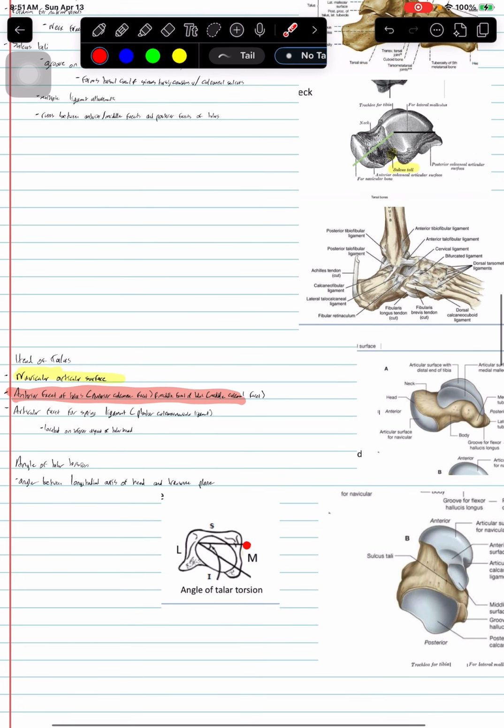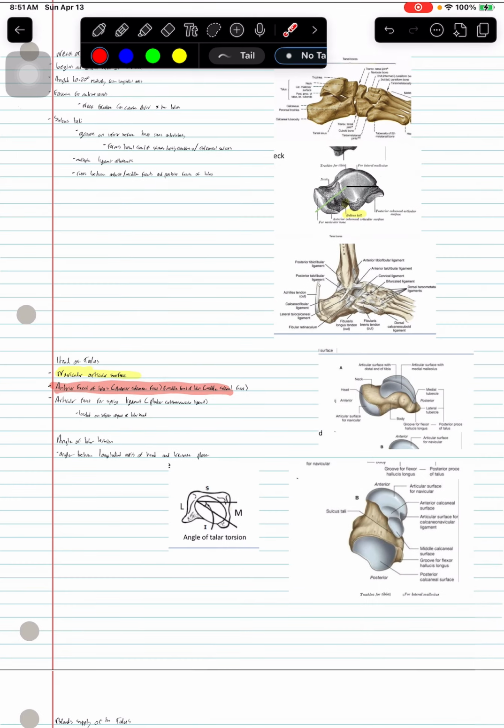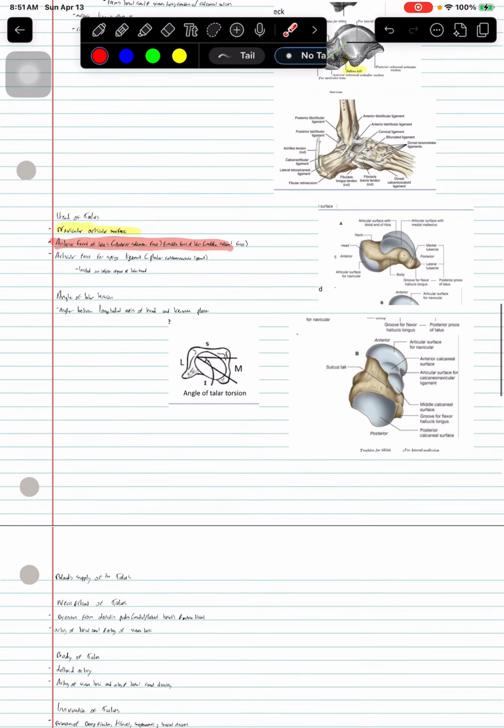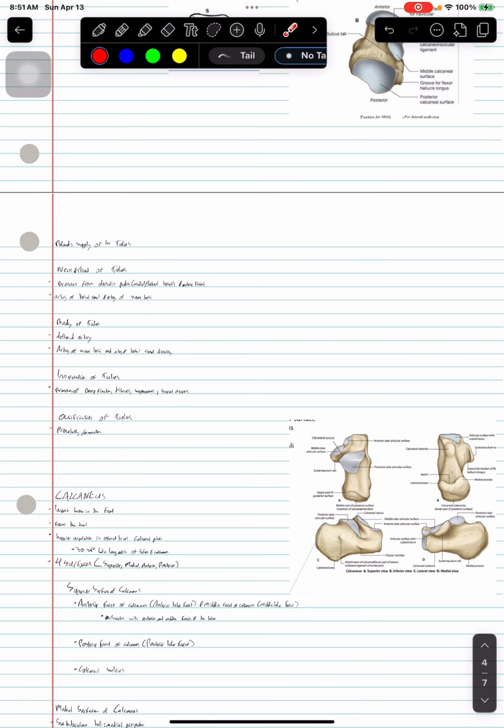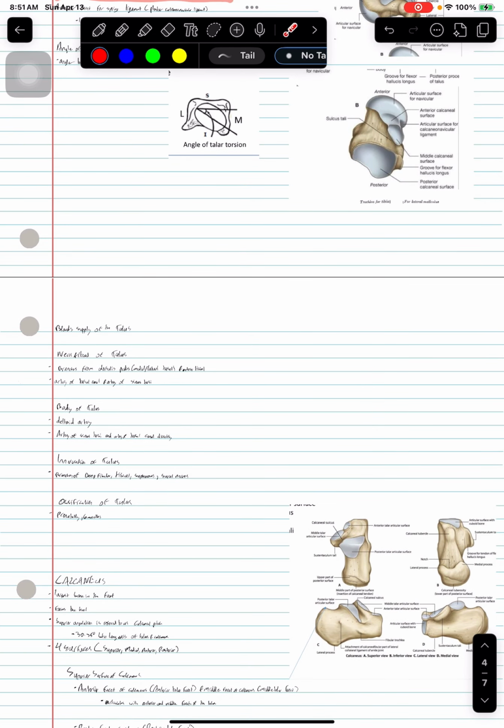So this is the transverse plane and the longitudinal axis of the head. This is that talar torsion angle.